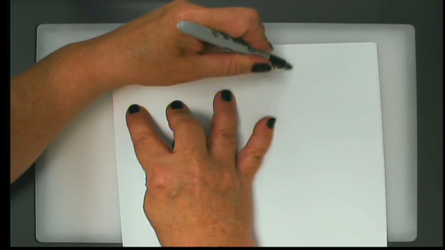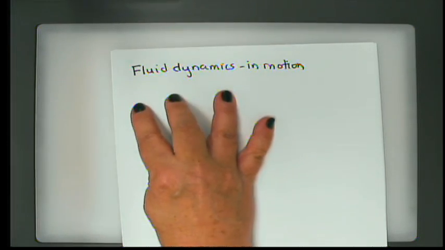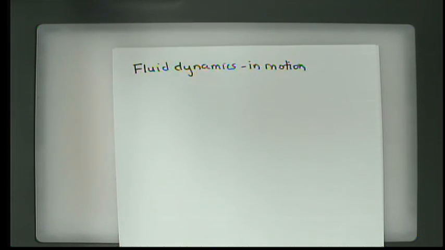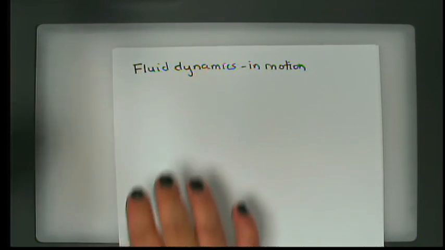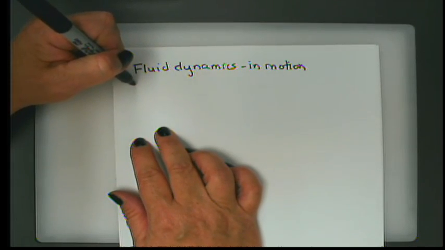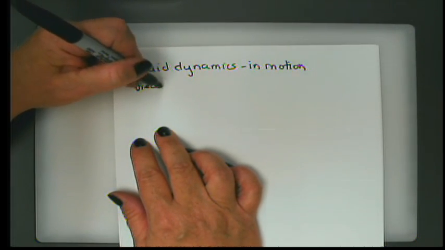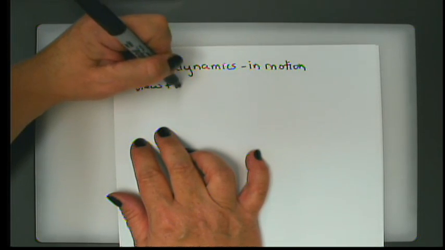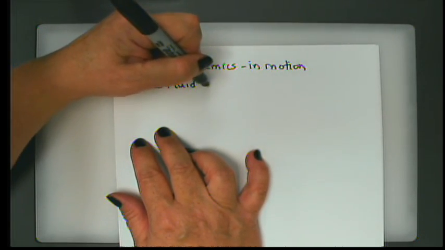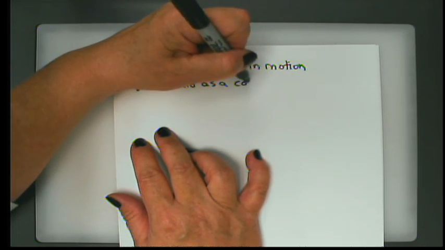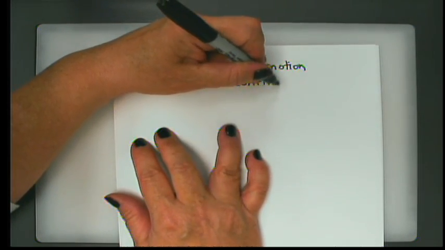In chapters 1 and 2, we talked about fluid statics. So now we're starting to get things to move. And one of the things that we need to remember is that we view fluid as a continuum, which means that we do not look at the whole thing.